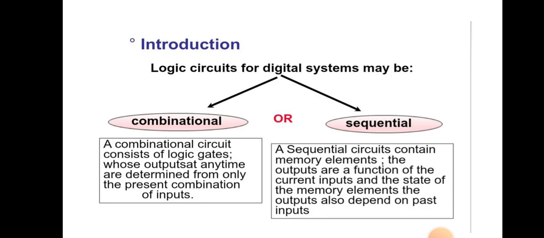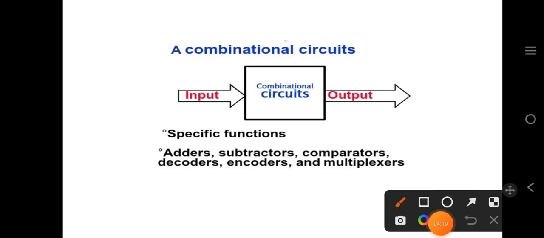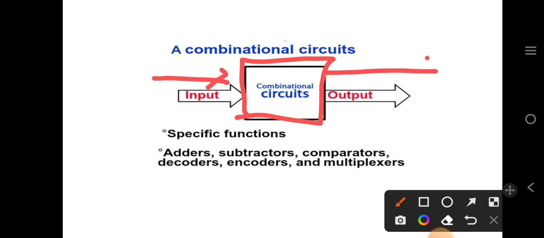We are going to study only the combinational circuit in this video. Here you can see a combinational circuit shown like a box with inputs and outputs. It does not have a memory element.